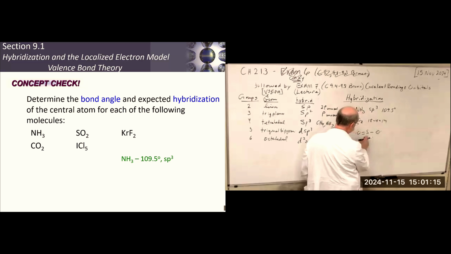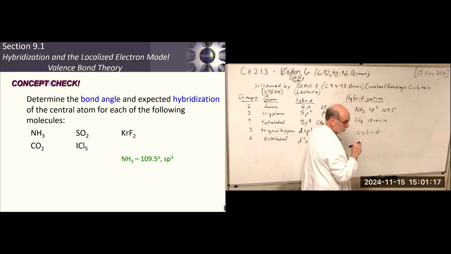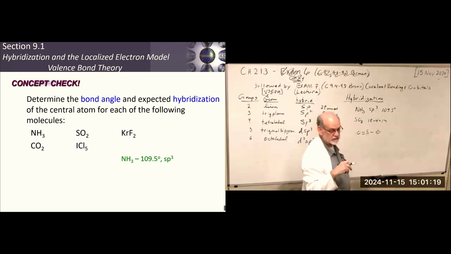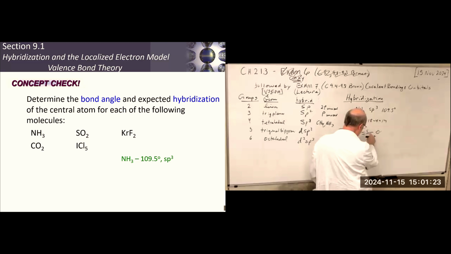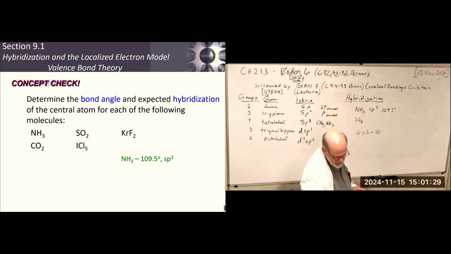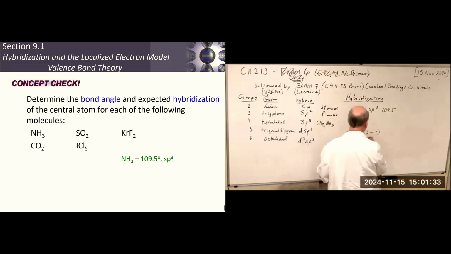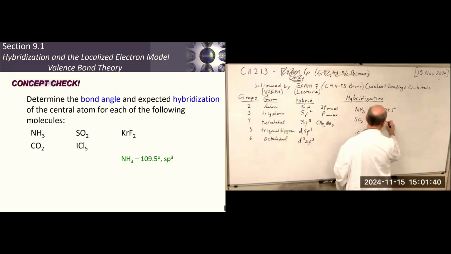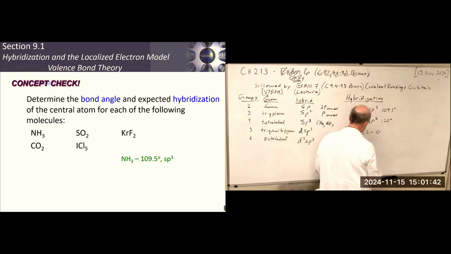Okay, this has 1, 2, 3 groups, right? Which means trigonal planar. So that sulfur, does it say hybridization of the central atom? The central atom is sp2 hybridized, and the bond angles are 120 degrees.